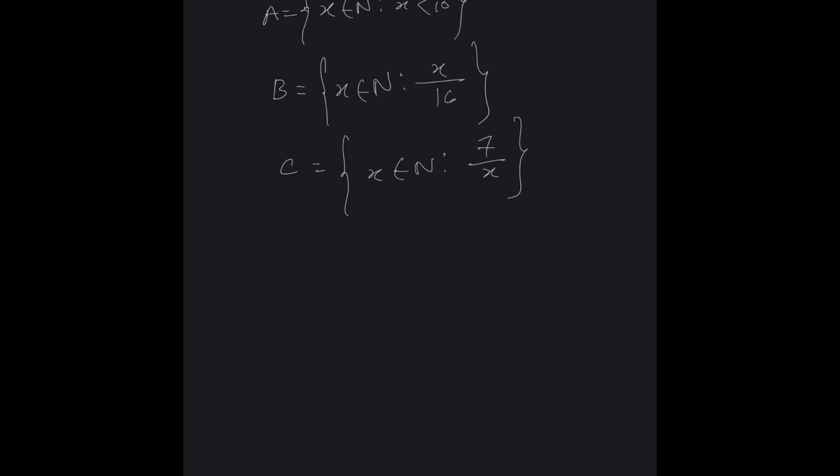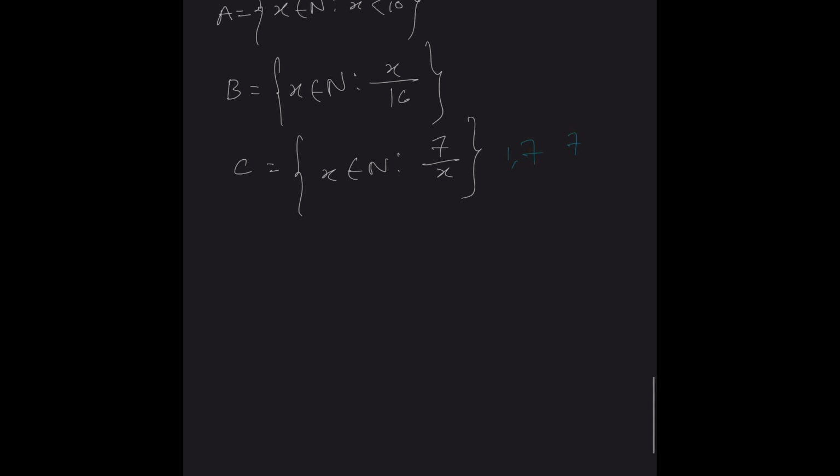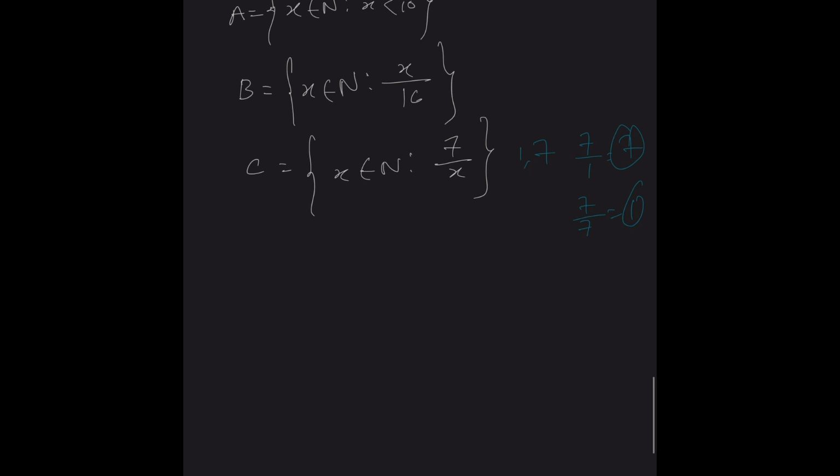So X has to be a number that can divide 7 to get another natural number. The X has to be a factor of 7. And 7 only has two factors, 1 and 7. So if we put these in here, then we'll see the results: we get 7 or we get 1. So this becomes natural numbers. So that's how we can define this sort of set.